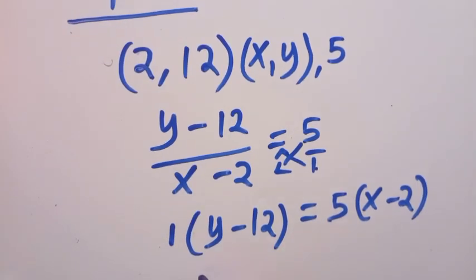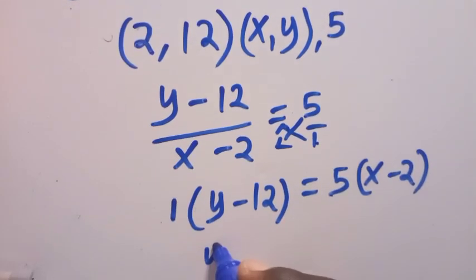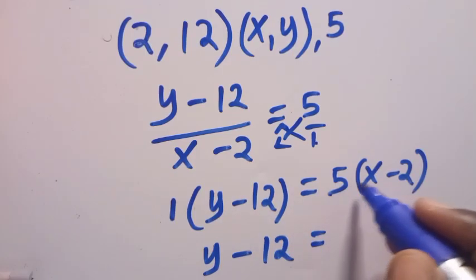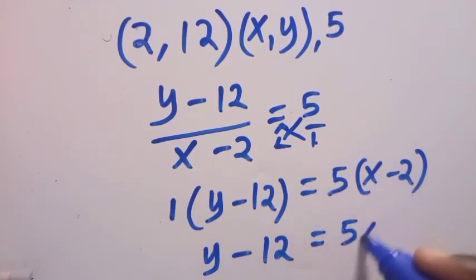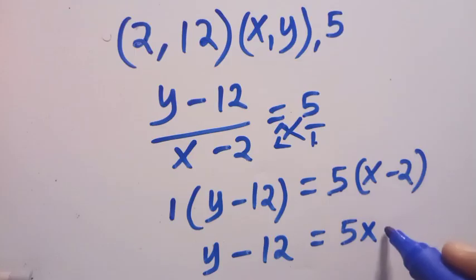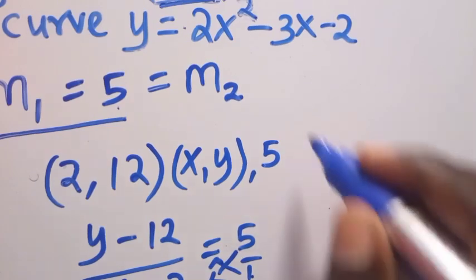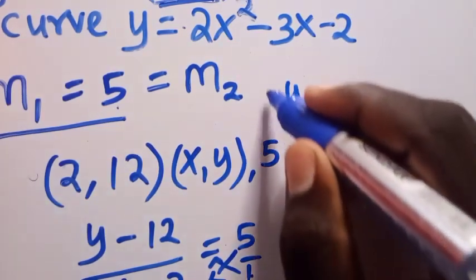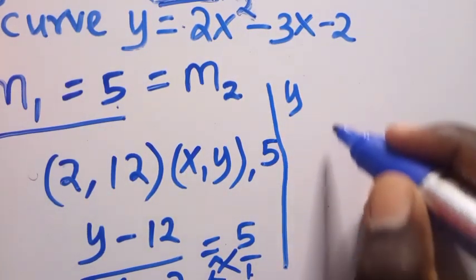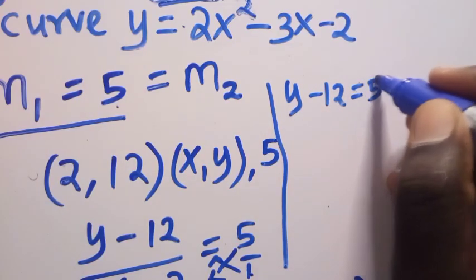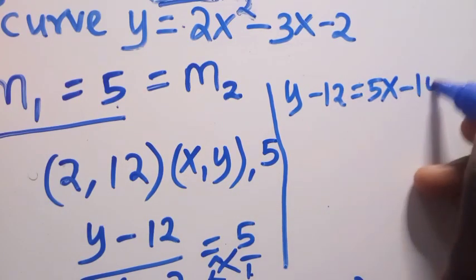In this case, we have y minus 12 equals 5 times x, which is 5x, then 5 times negative 2 is negative 10. So we shall have y minus 12 equals 5x minus 10.